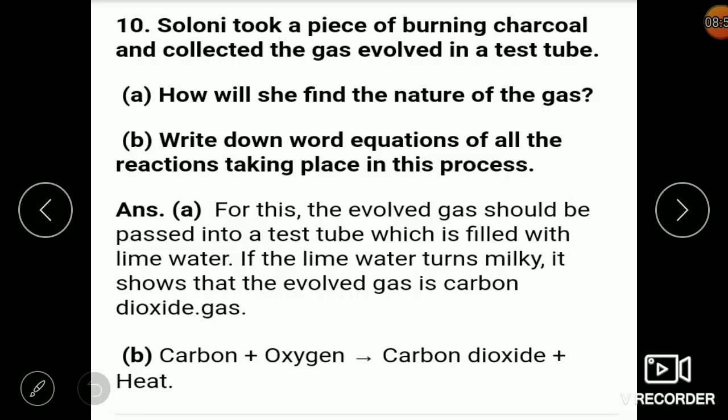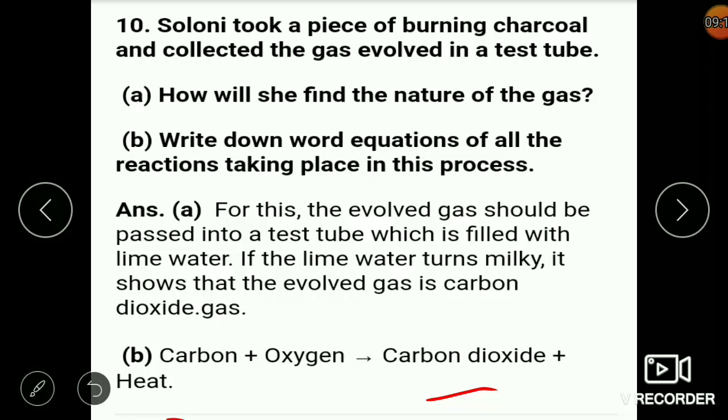So, burning charcoal means what? Carbon will react with oxygen. Burning takes place in air, and in air you know that oxygen is the reactive element. So carbon will burn with oxygen. When carbon, a non-metal, combines with oxygen, what do they form? They form carbon dioxide, and heat is also produced.